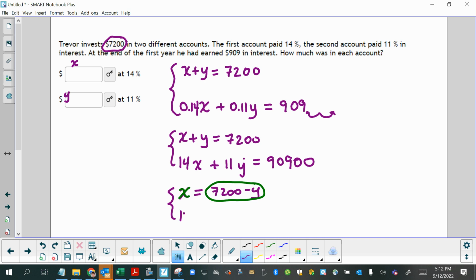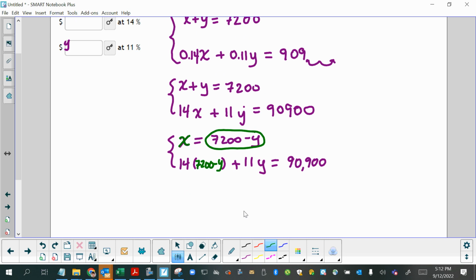So my second equation, 14 times x plus 11y equals 90,900, and I'm going to plug in the equivalent expression for x, 7,200 minus y. Then we will simplify until we are able to get a value for y.